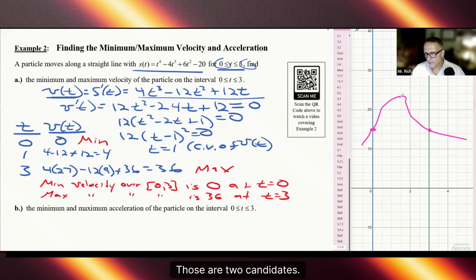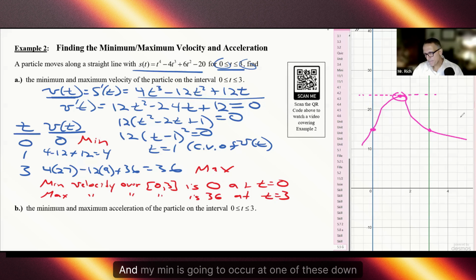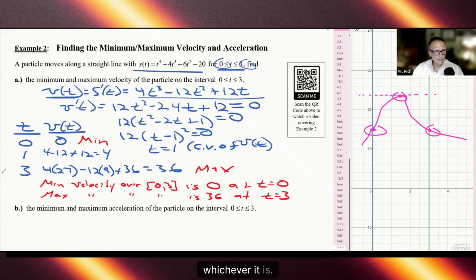Those are two candidates. This would be my relative max. So this would be my critical value where the derivative was 0. These are my two endpoints. So it looks like my max is going to occur at the critical value, and my min is going to occur at one of these down here, whichever it is.